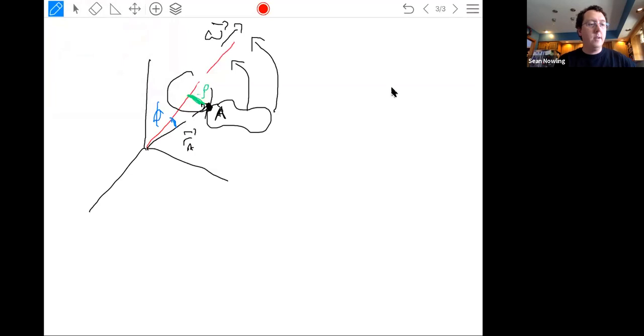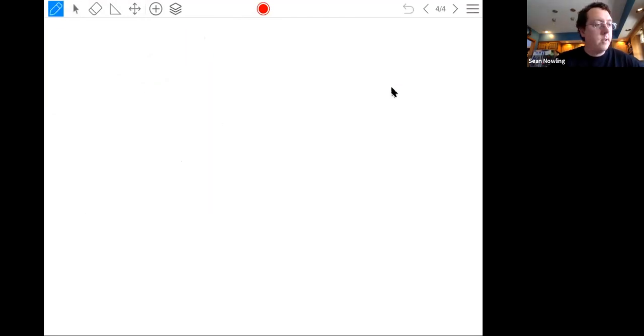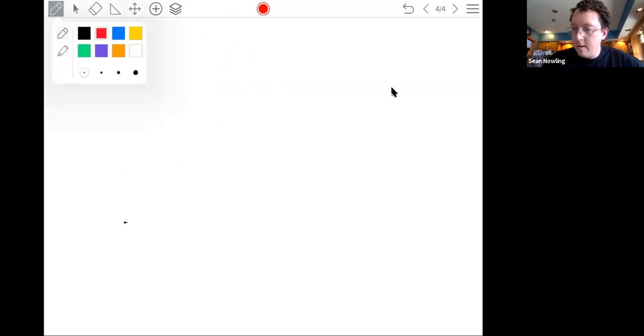Okay, so now, remember, rho is the radius associated with the circle that the point travels along. So I want to draw a blown up version of that, just focusing on the stuff that matters. So I've got my axis of rotation. I did that in red, I think. Let me try a slightly larger one.